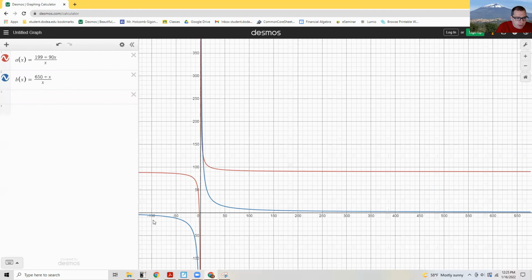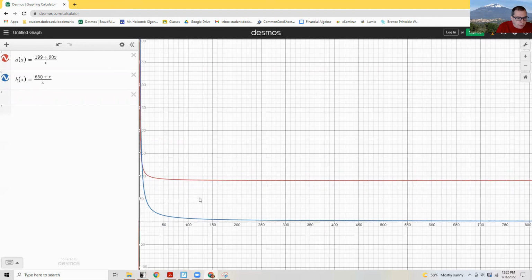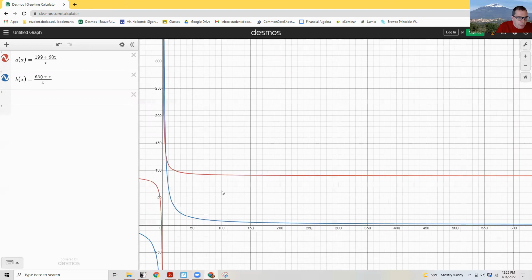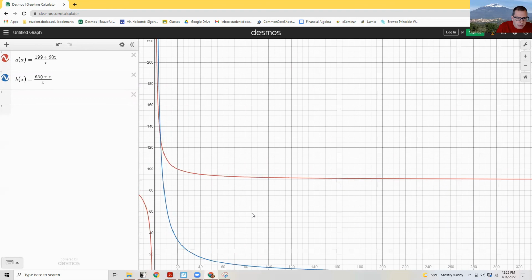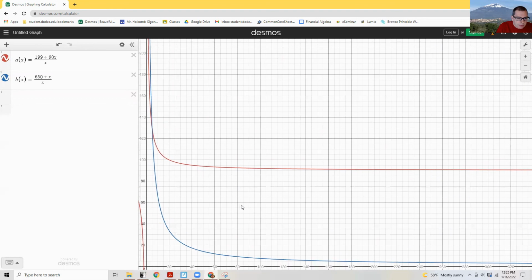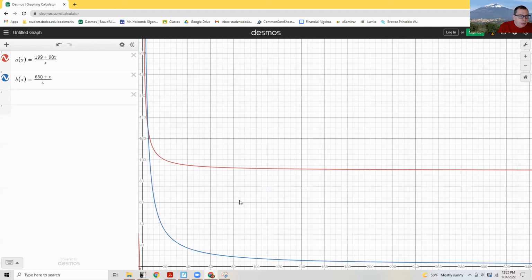So in order to do that, how about I just slide this over so that we see the origin, and then if we zoom in closer, we can actually see what's happening here. Okay, so here are our two functions. So right here, they meet at right around 5 months. They're both going to be $129.27. Okay, so that's an approximation.